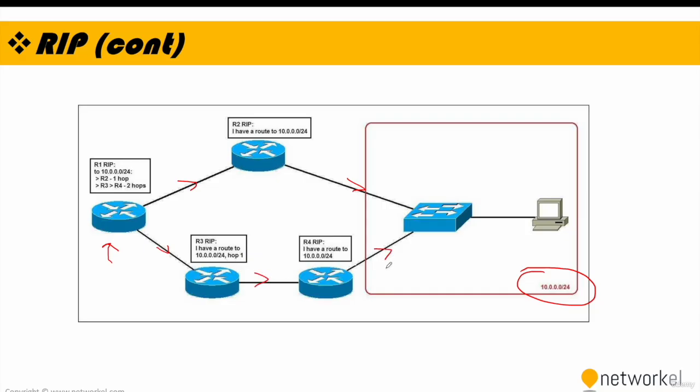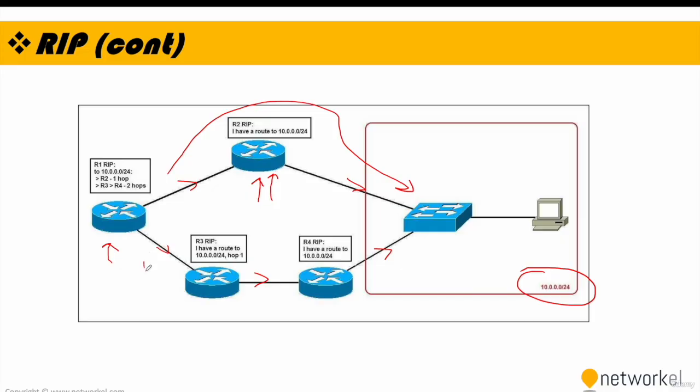So what is the best path? As per RIP protocol, the best path is the one above. Why? Because I have only one hop to reach my destination. I can reach this network by using one hop, and that is this router 2.